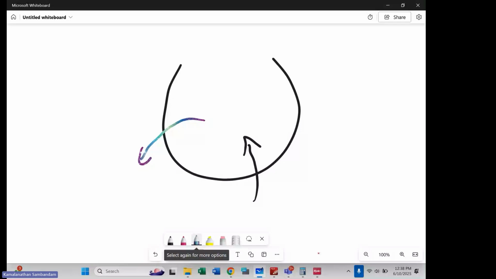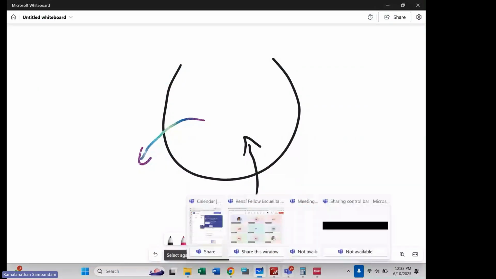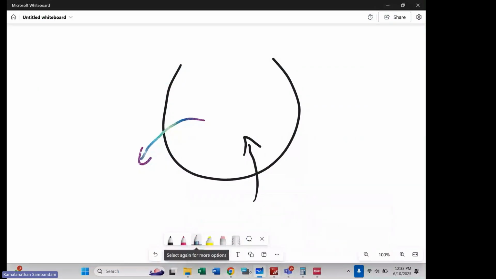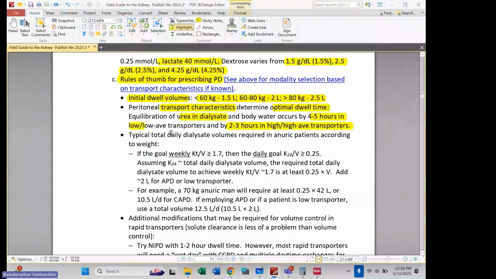So in general, you don't want to have those kinds of prolonged dwell times in your patients. Here are some typical total dialysate volumes in patients who have no residual kidney function that one can use.